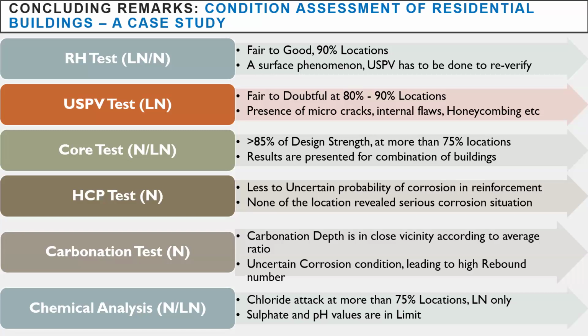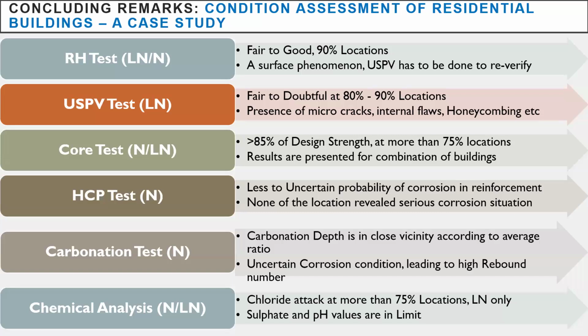Okay, chemical analysis says that chloride attack is at more than 75% of the locations of the samples we have collected. And mostly these samples, maybe 30, 40 samples, were collected majorly from external members, and very few samples from the internal.